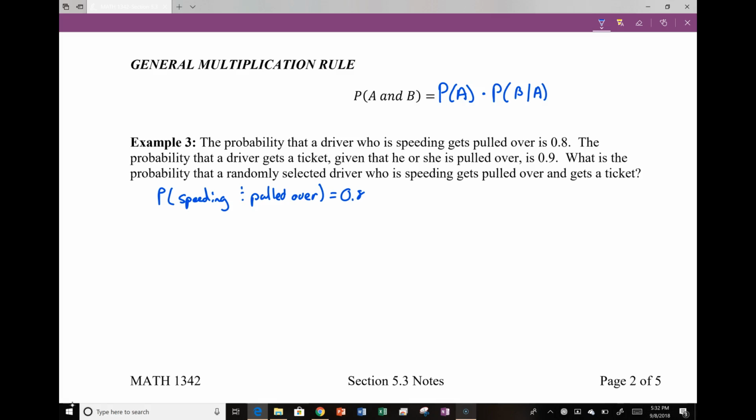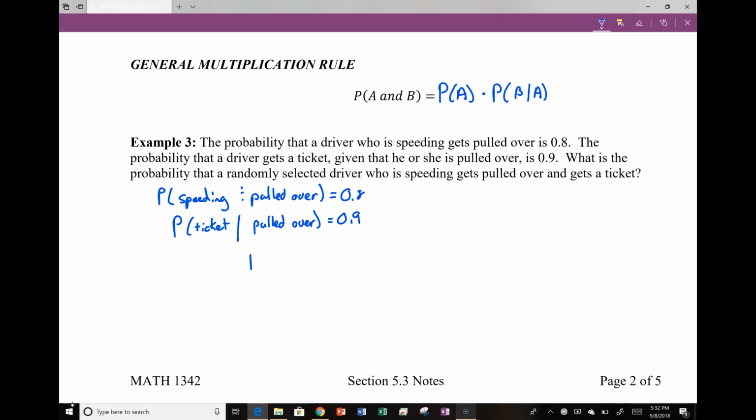The probability that a driver gets a ticket, given that he or she is pulled over, so probability of a ticket, given they are pulled over, is equal to 0.9.